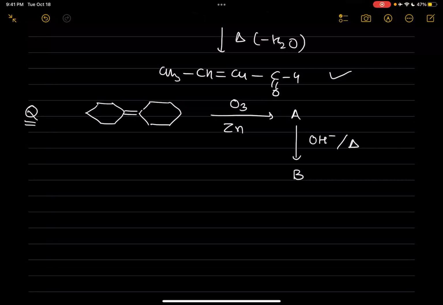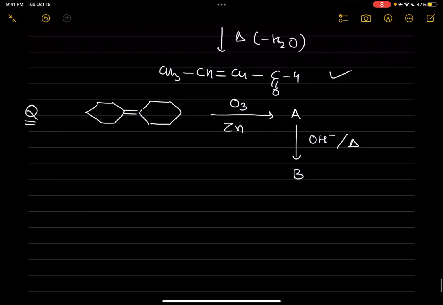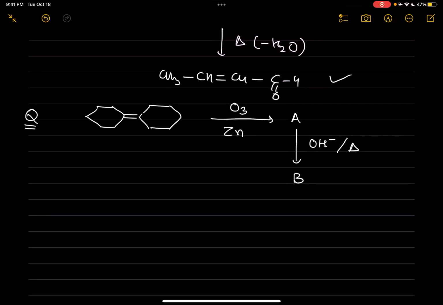You can see a lot of questions in which ozonolysis is followed by it, because ozonolysis is going to give you aldehyde and ketone. So tell me, what are A and B?